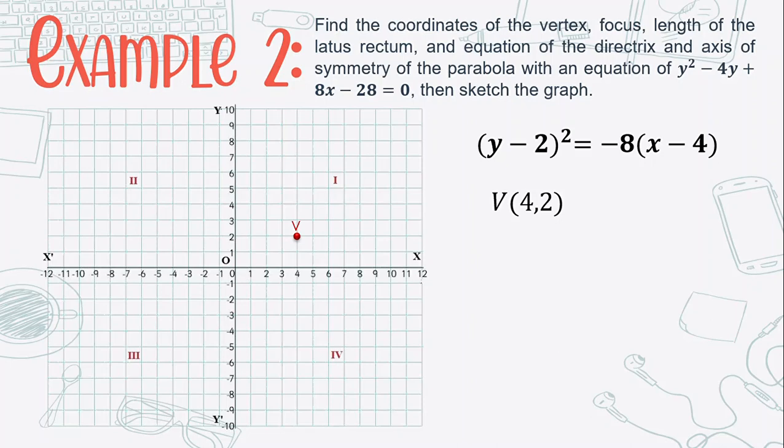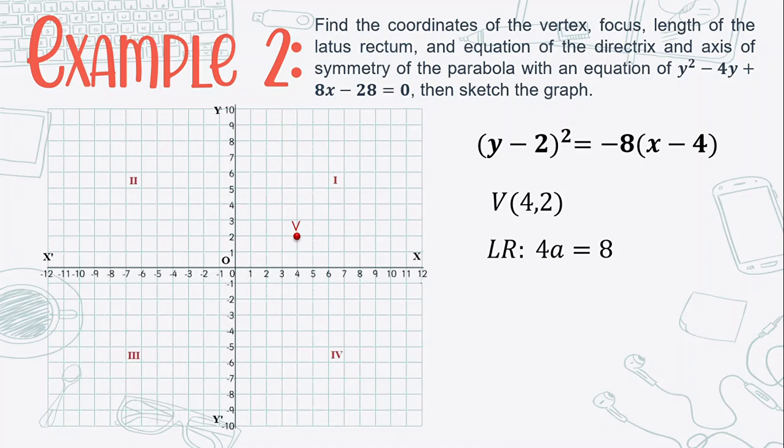Now, since we already have our vertex, we can determine our focal length by first determining our latus rectum, which, again, we can see from our standard form of equation. Our latus rectum is our 4a, therefore we have 8. Now, why is it positive when we have negative 8 from our standard form of equation? Always remember that the latus rectum is always an absolute value because it is a length.